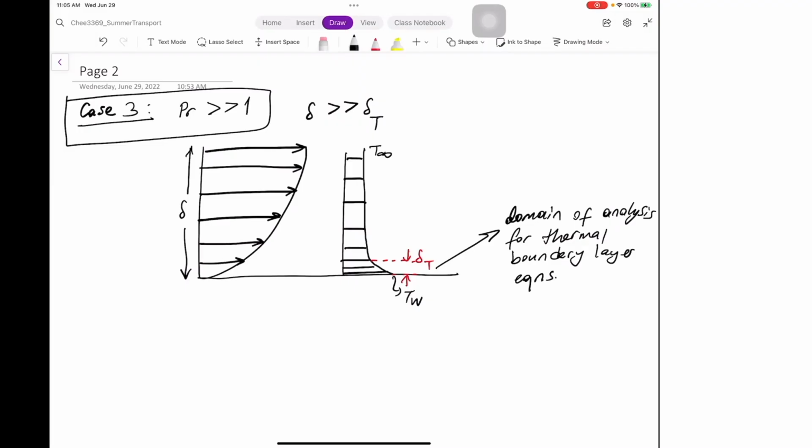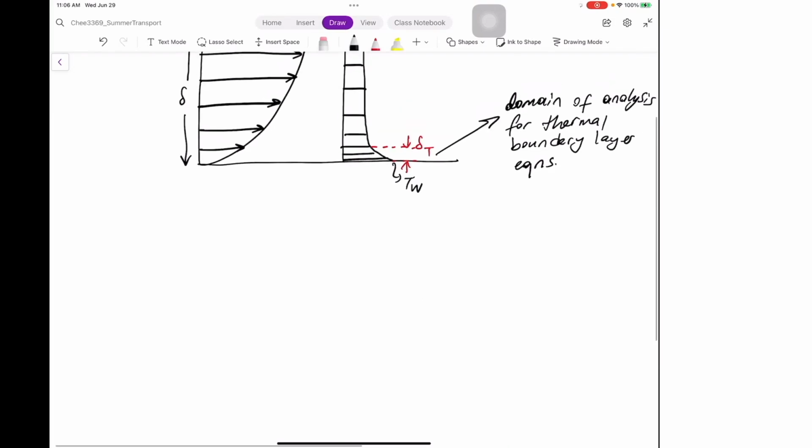Now, we're going to write down the X momentum equation. X. So this is basically Vx. And Vy del T over del Y is equal to alpha del squared T over del Y squared.